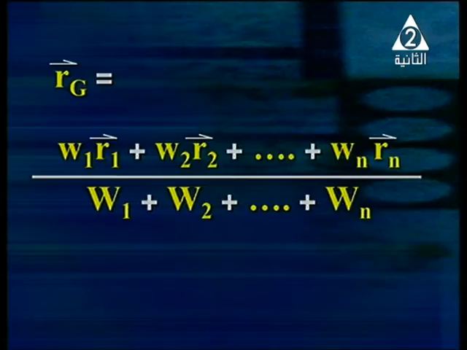Dear student, this is the position vector rG: the sum of W1 times r1 plus W2 times r2 up to Wn rn, over the sum of the weights of the rigid body. Remember, dear student, our position vector we can represent by x and y coordinates.